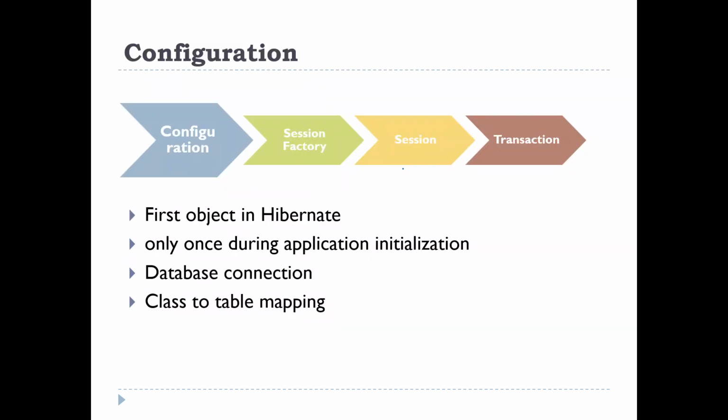So we will quickly revise what we have just seen. We have seen that these are the four objects that we will be working with in the Hibernate application, out of which configuration is the first object that we will be creating, and it is initialized during the application startup. It contains the configuration information about the database connection and about the class to table mapping.